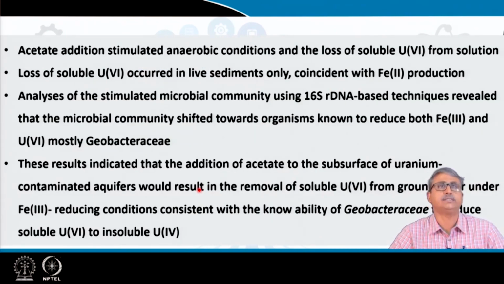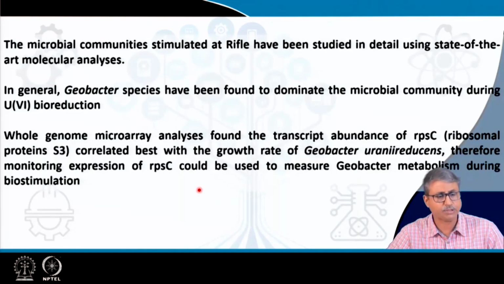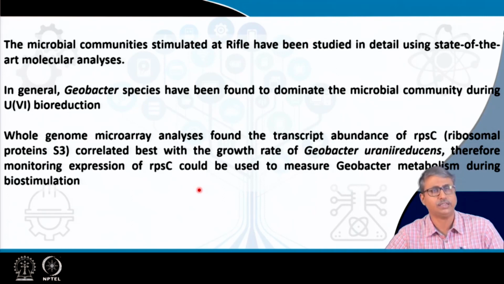Essentially, acetate utilization along with uranium reduction to uranium 4 was observed, and what was very prominent was the natural enrichment of Geobacteraceae members. In subsequent studies the microbial communities were monitored with all kinds of tools, including culture independent transcriptomics, metatranscriptomics and genome sequencing.